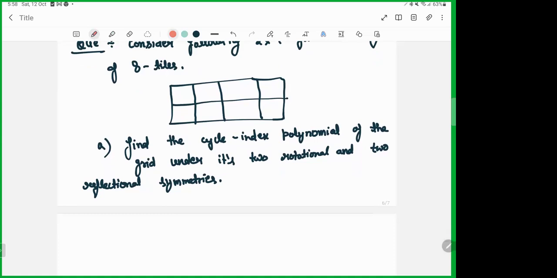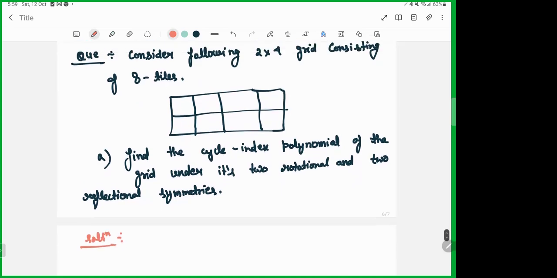We already recall what a cycle index polynomial is.